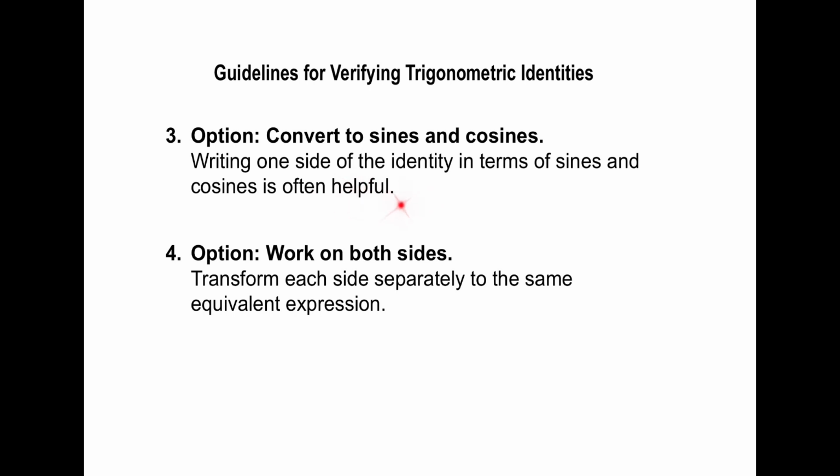Another option, which we're actually going to use at the get-go here but isn't necessarily always the best option, and sometimes makes it even more complicated, is to write one side of your identity in terms of sines and cosines. When it all comes down to it, all of these can be expressed in terms of sine and cosine. They're all just variations of that.